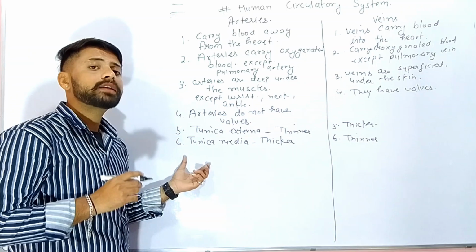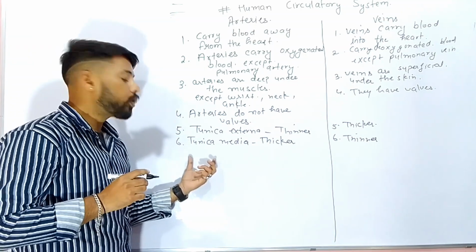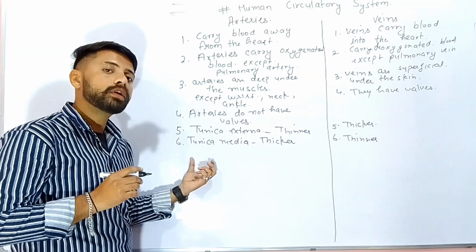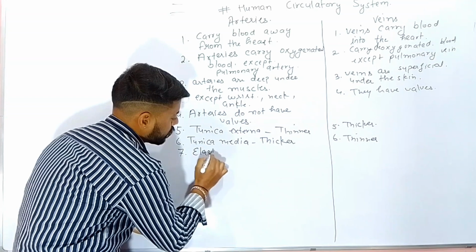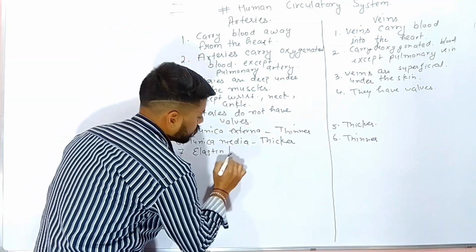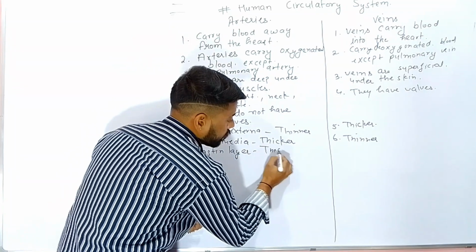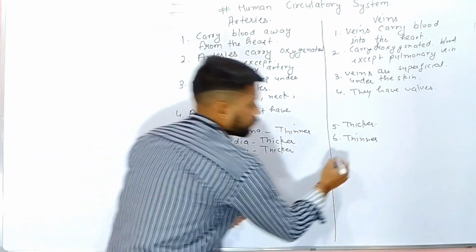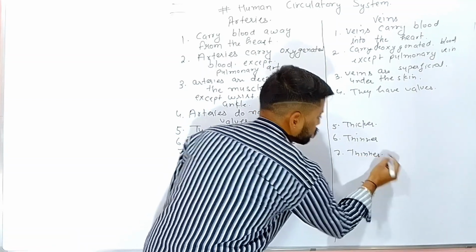We have earlier said that the tunica interna has two sublayers, and we will talk here about the elastin layer only. The elastin, or elastic layer, is again thicker in the artery whereas thinner in the vein.